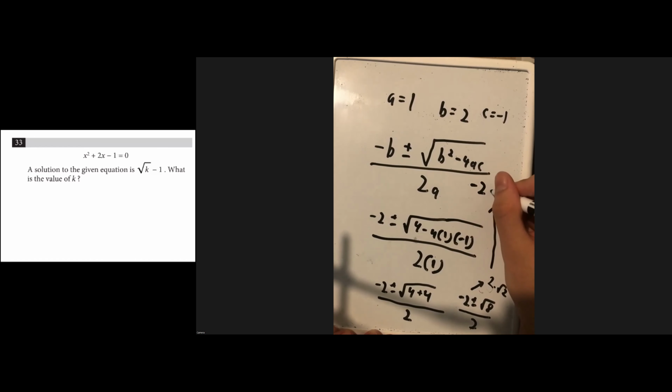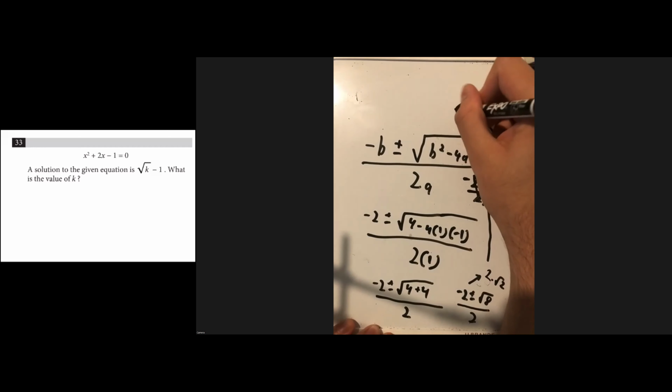Okay, so we get negative 2 plus or minus root 8 over 2. And then we'd have to simplify the root 8. So root 8 would just be root 4 times root 2. And then root 4 just becomes 2 root 2. So we would get negative 2 plus or minus 2 root 2 all over 2.